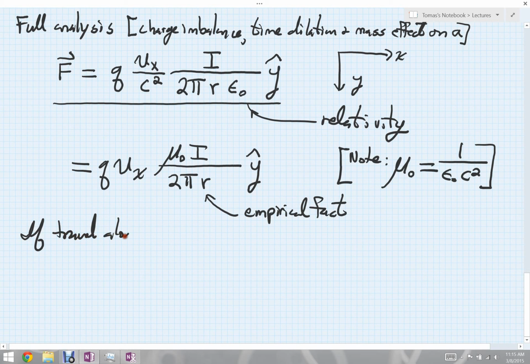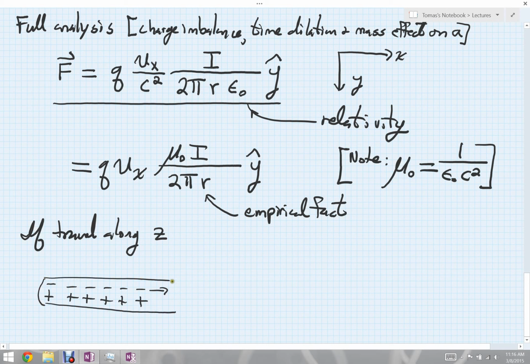along the z direction with this additional charge, what I'm going to have then is a wire consisting of a series of positive charges, right, with minus charges, of course, moving like so. The minus charges are moving in this direction. So in my wire here, I might have a current I flowing down like that.